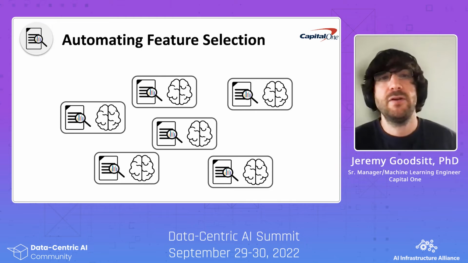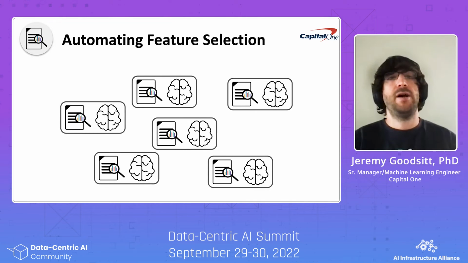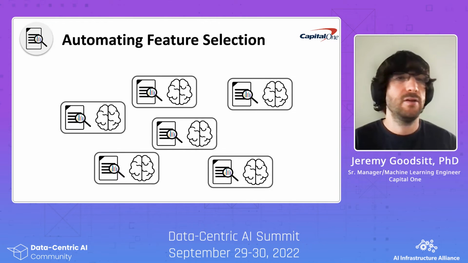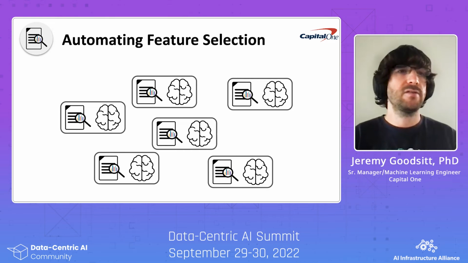And we can do that similar idea, not just automating pipeline validation, but we can look at it in terms of automating feature selection.